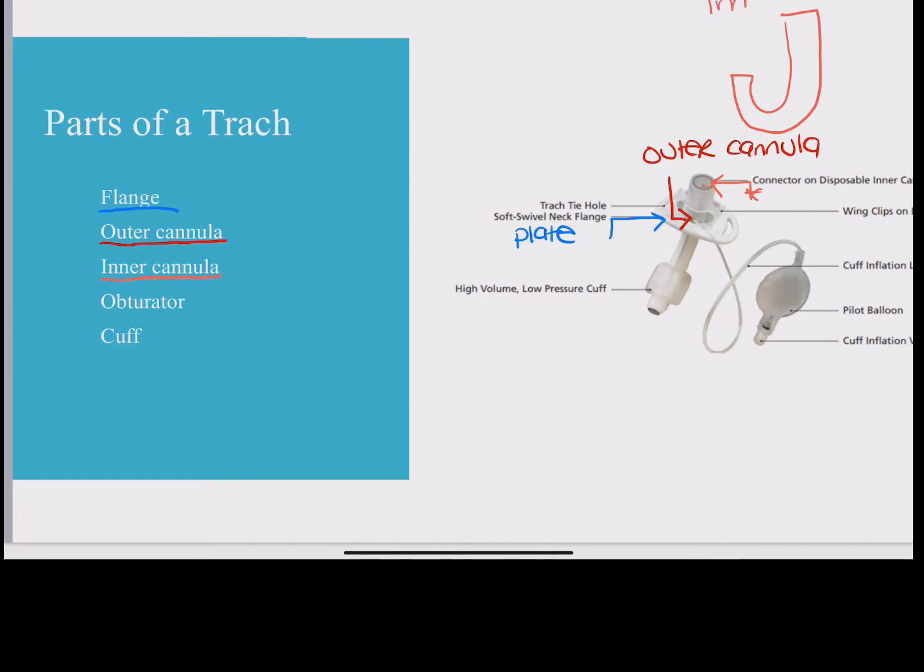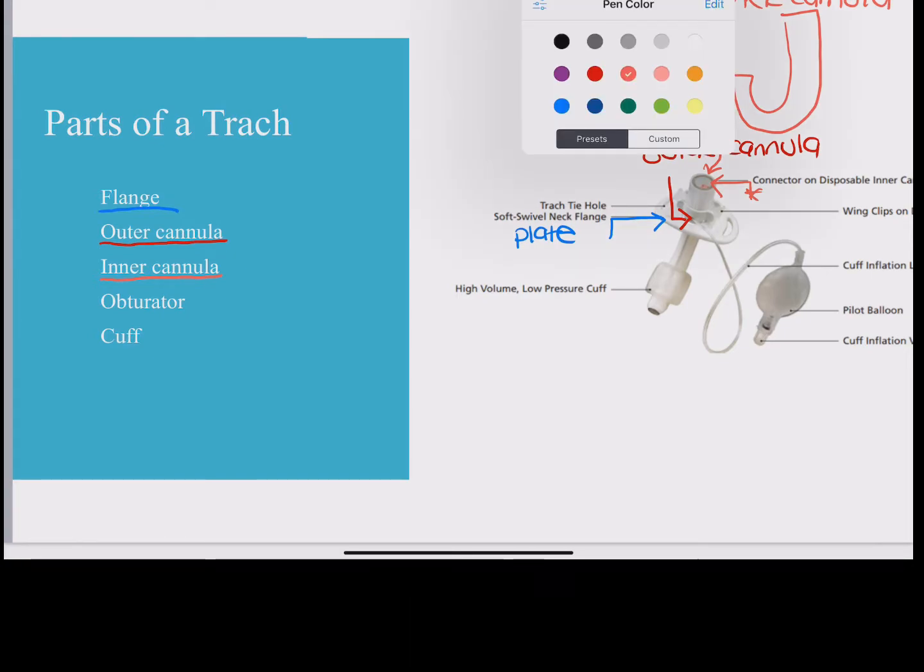It's our inner cannula. Go onto that. I guess this wasn't a pretty good picture because I have to draw the inner cannula and the obturator.